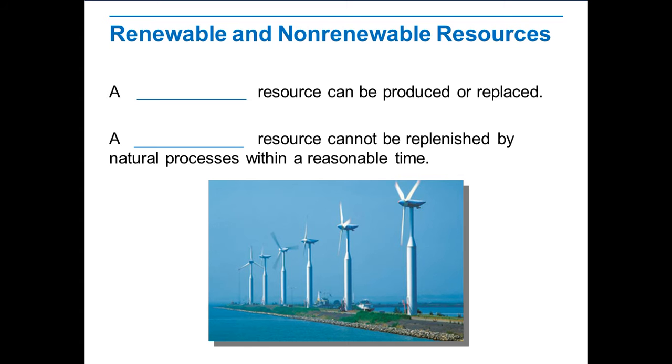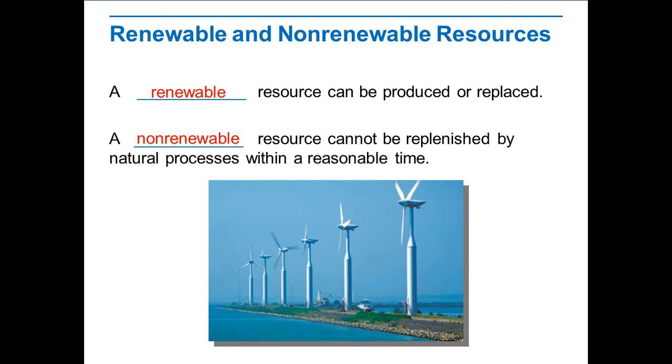Ecosystem goods and services can be classified as either renewable or non-renewable. A renewable resource can be produced or replaced by a healthy ecosystem. A single southern white pine is an example of a renewable resource because a new tree can grow in place of an old tree that dies or is cut down. Power generated from wind is also a renewable resource.